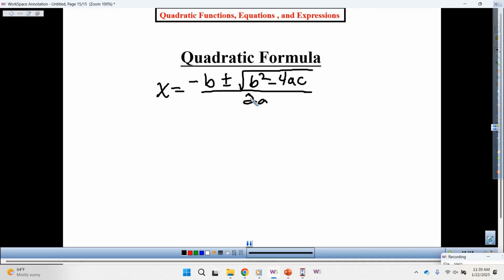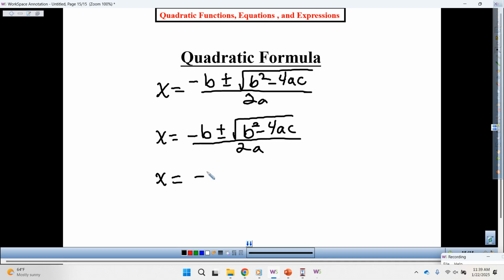And let's write it again underneath that one. x equals -b plus or minus square root of b squared minus 4ac over 2a. Let's write it again. I want to see that you're writing it a third time.